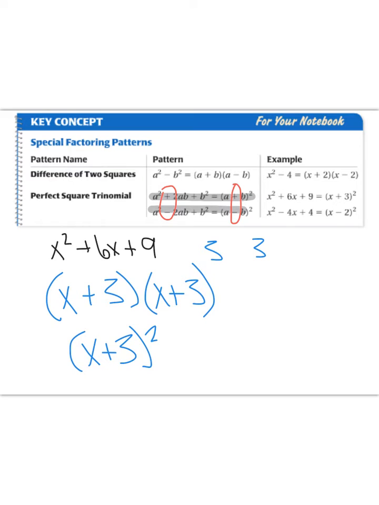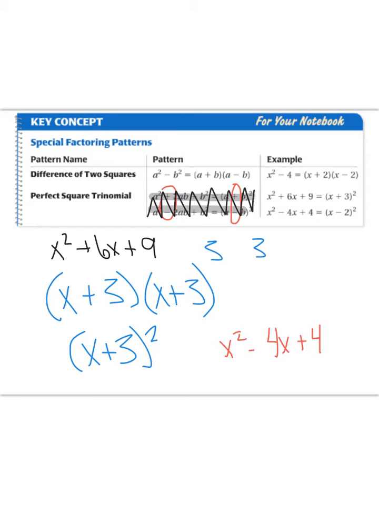And I think that is way more helpful than the pattern that the book gives you. I think that can be confusing to some people. So I just take my perfect square trinomial and factor it like normal and then simplify it to a squared binomial. Let's look at the other example they give. So it's x squared minus 4x plus 4.